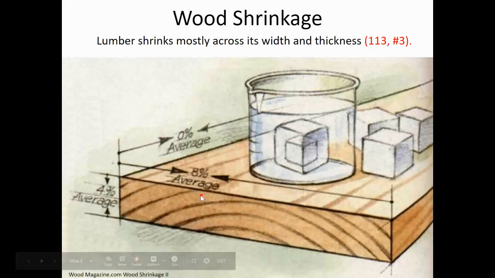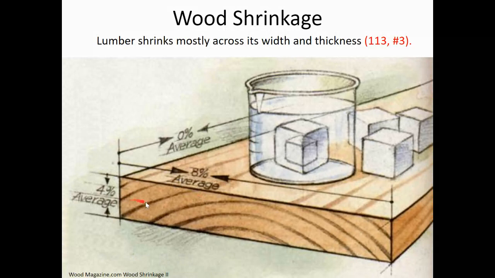When it dries out, it shrinks. So we've got to make sure, first of all, when we build our building, that it's already dried out. And even then, it's still going to dry out a little more. So we have to think about what happens when this board over time just gets a little bit smaller. What's that going to do to our house?